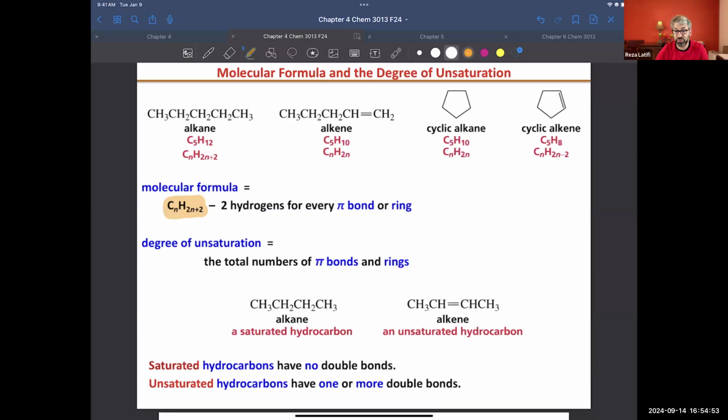And this one will be cyclohexene. So now I'm using "ene" to say that I'm dealing with an unsaturated compound. Whenever we're talking about alkenes, we replace "ane" by "ene".